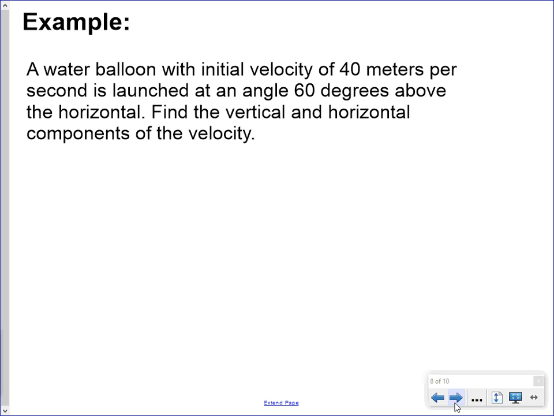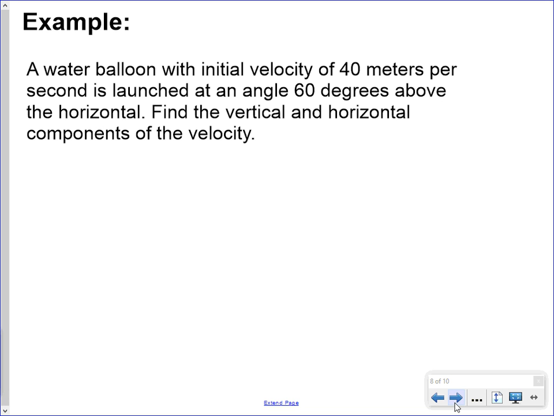So our first problem is a water balloon. Exciting. We've got a water balloon with initial velocity of 40 meters per second. It is being launched at an angle of 60 degrees above the horizontal.